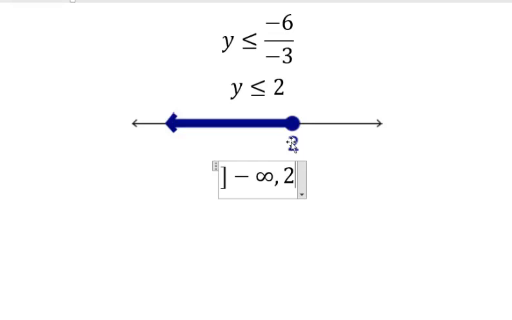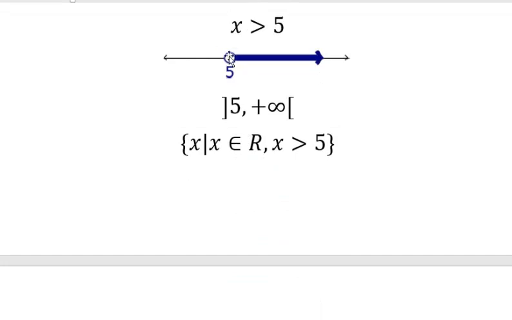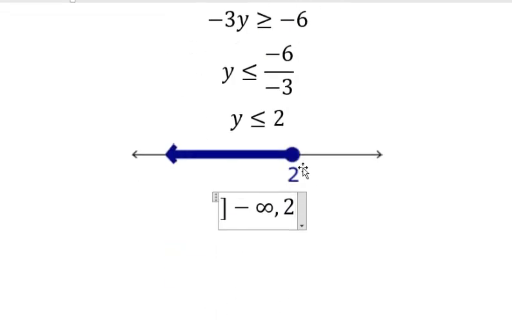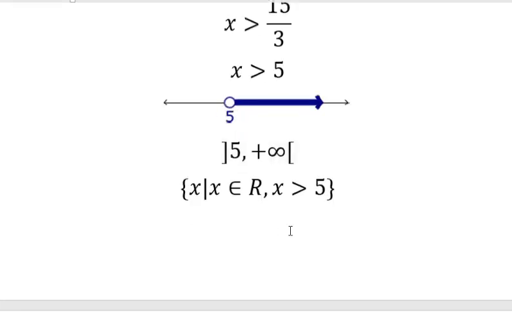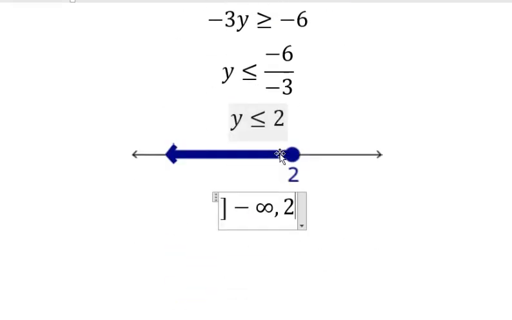So we stop on number 2. But if you notice, the number 2 is colored. It's not a white circle like in this one. So because it's colored, we're going to close the interval. A colored circle means closed, and a white circle means open. Because this circle is closed, we're going to close the interval.